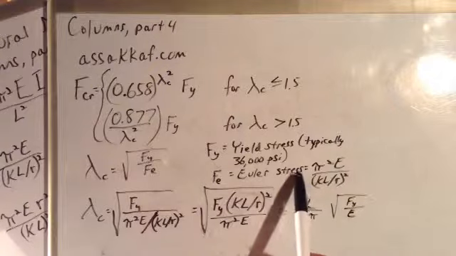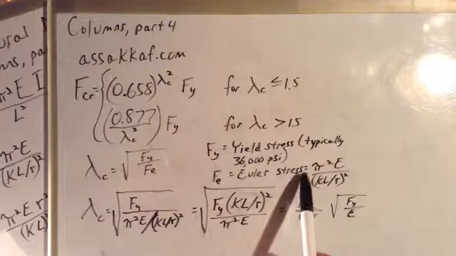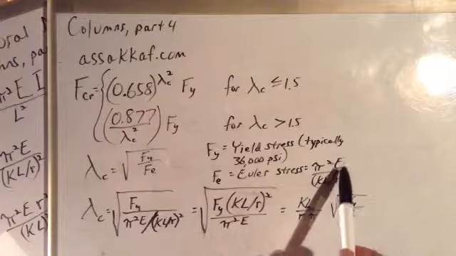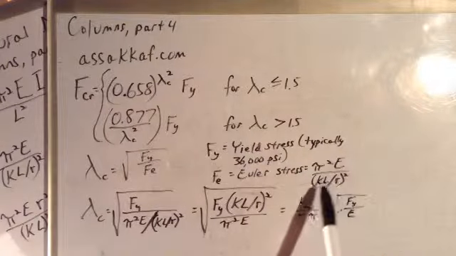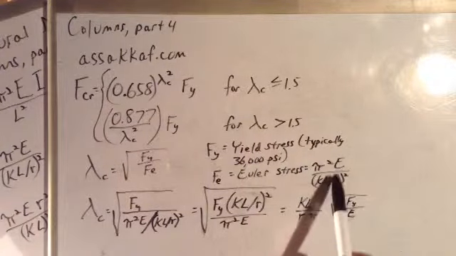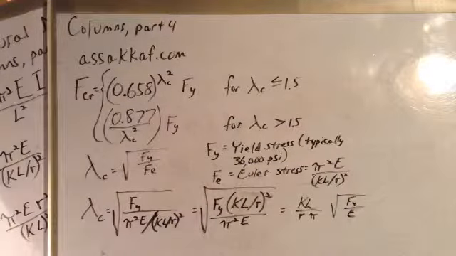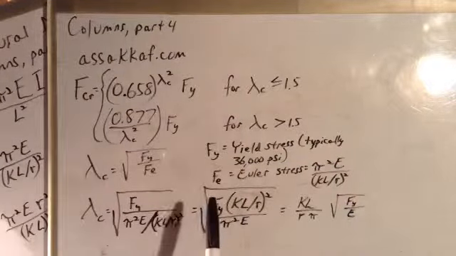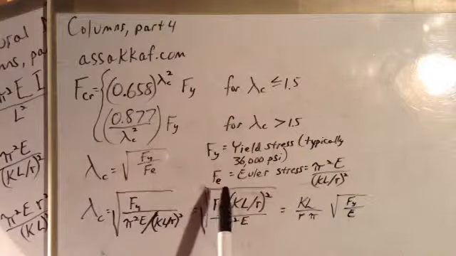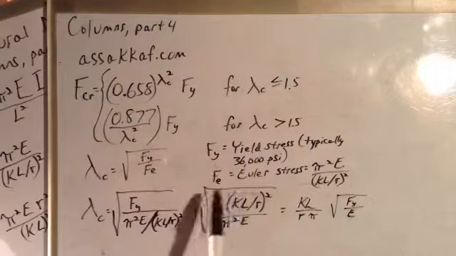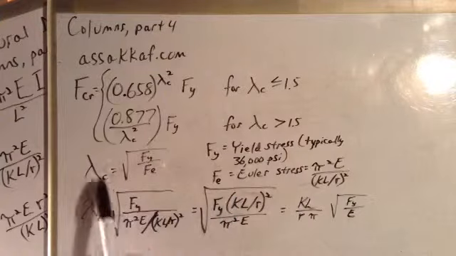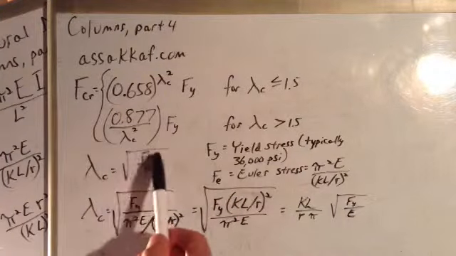Another author earlier called it sigma, said sigma equals pi squared modulus of elasticity over KL over R, all in parentheses squared, but this guy calls it Fe. I guess we're just going to have to get used to having different letters pop up all the time for the same old stuff. But anyway, lambda c is the square root of that over that.